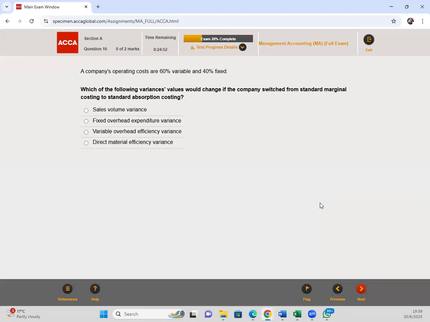Which variance is affected by whether we are using absorption costing or marginal costing? Which variance is affected by marginal and absorption costing?